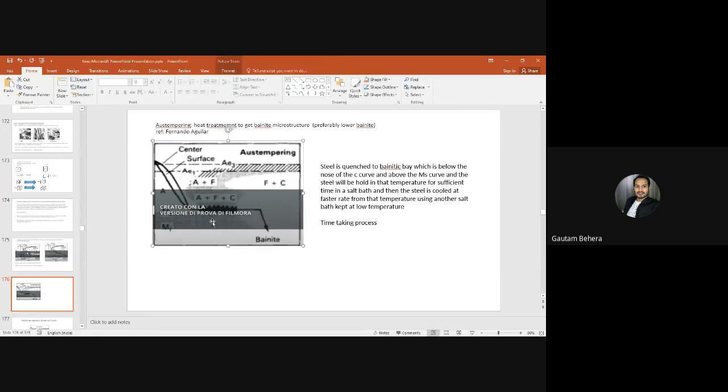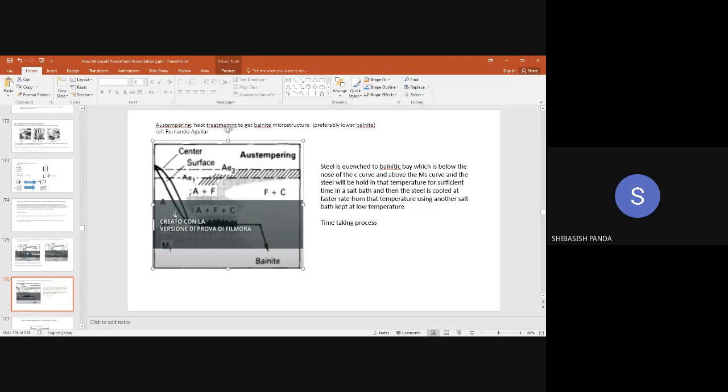Suppose you do oil quenching. Upon oil quenching, what is happening? The austenite will be transformed into martensite. Yes or no? Right? But since it is oil quenching, sometimes some retained austenite will still be there. Yes or no?